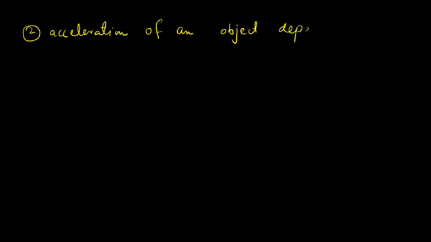mass. So the second point here about Newton's second law is that acceleration of an object depends on its mass.